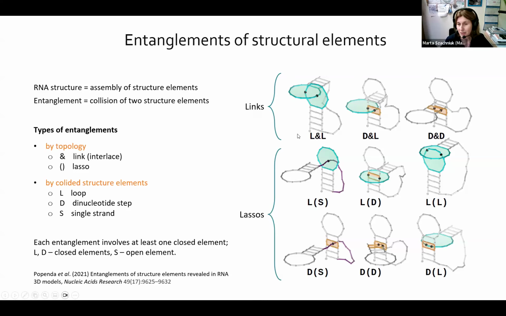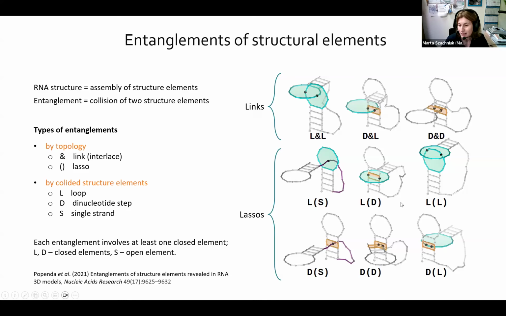So we have three types of links, or we can call them interlaces. We can see that all these types involve two closed elements, so either loops, which are denoted by L, or dinucleotide steps, which are denoted by D. So we have L and L, D and L, and D and D type of link or interlace. And we have 6 types of lassos.